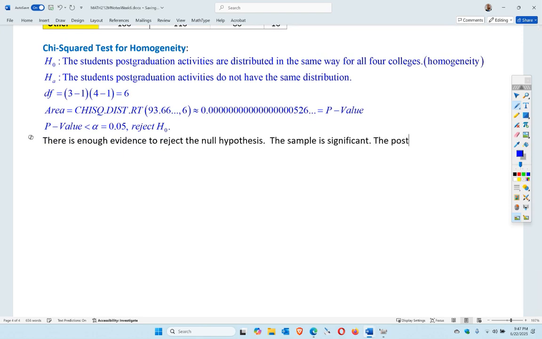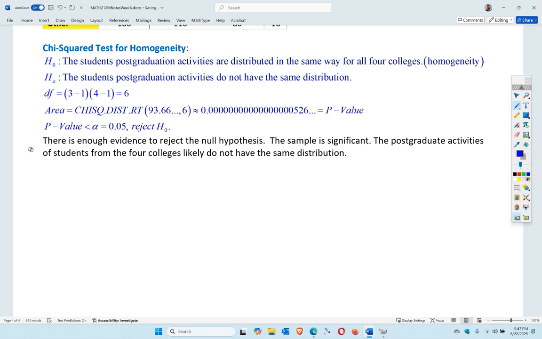The postgraduate activities of students from the 4 colleges likely do not have the same distribution.